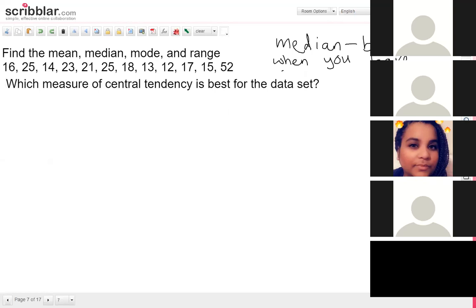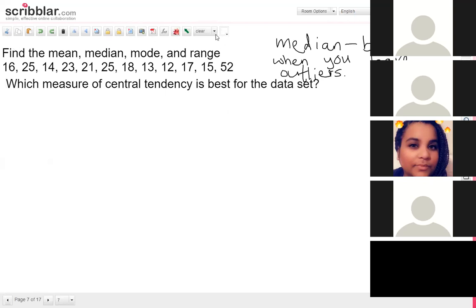So here's another word we need to know the meaning of. An outlier is a piece of data that just doesn't fit. All of them seem to be around the same amount, and then an outlier is just going to be far away from all the rest of the numbers. So what's our outlier for this data set?